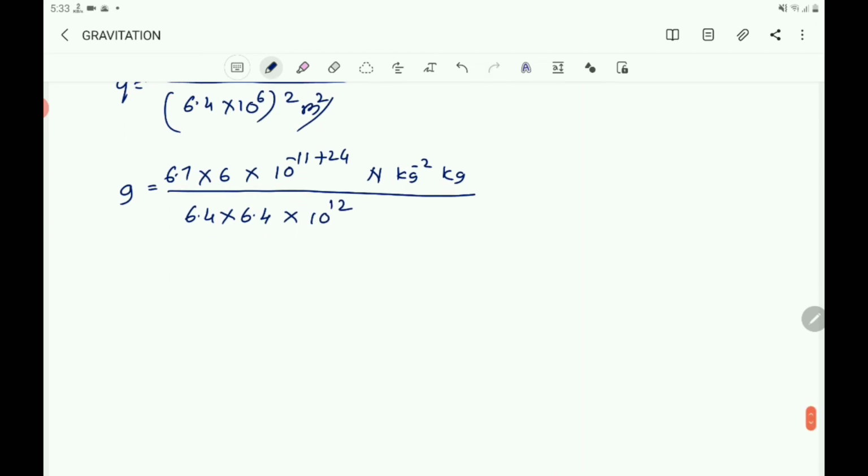Then g equals, you can cancel the decimal point here, 67 into 60 by 64 into 64 into 10 power 13 minus 12 N kg.